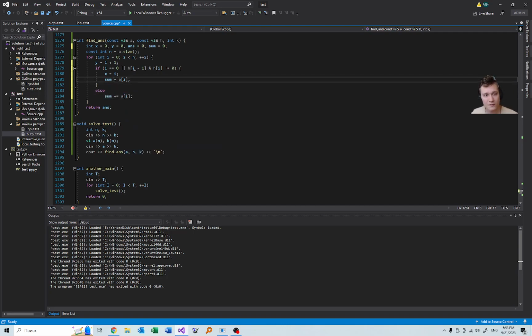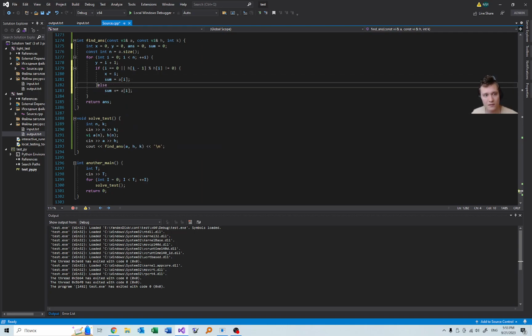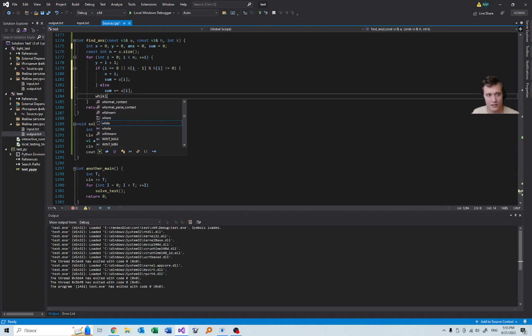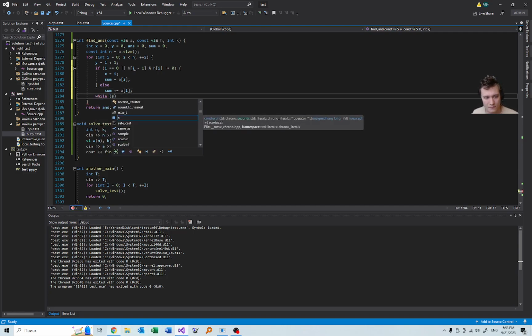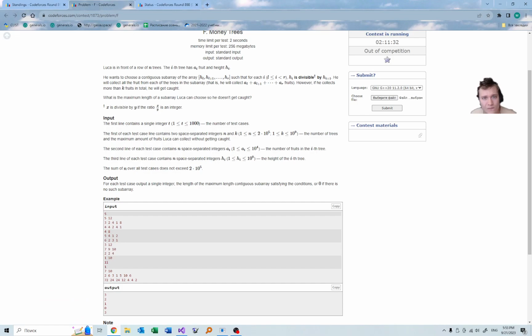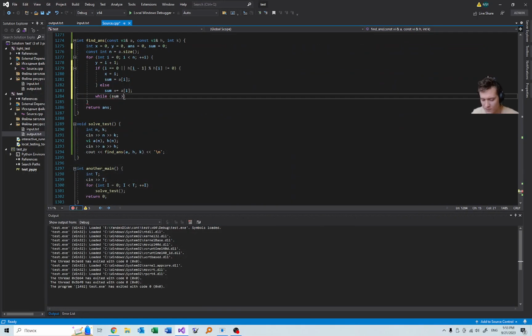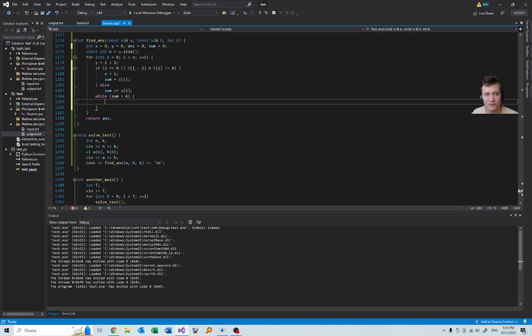And after that, while sum is greater than k, we need to subtract the leftmost number. So we say that sum minus equals a[x], and we increase x.